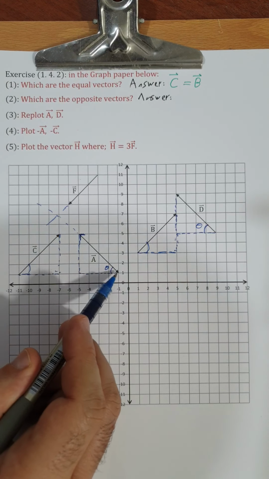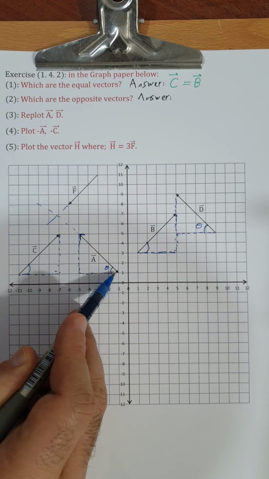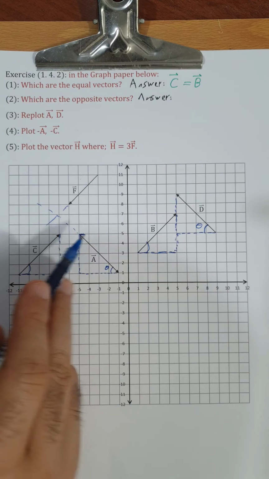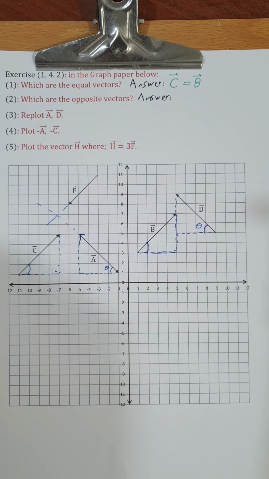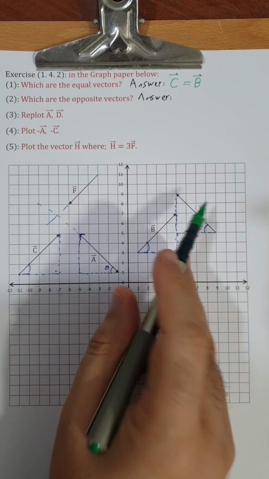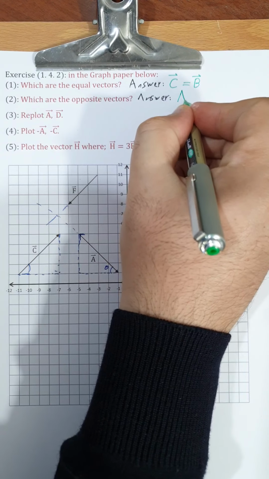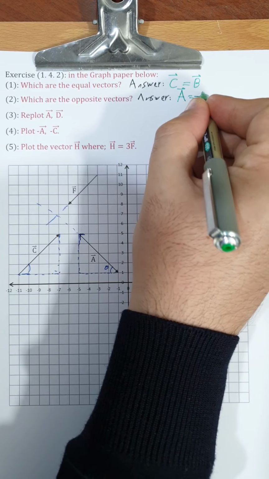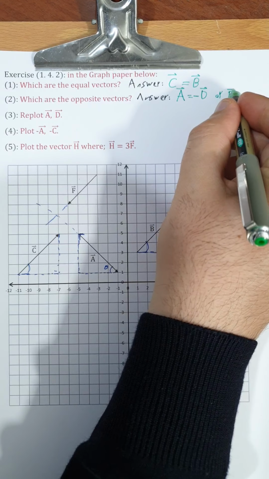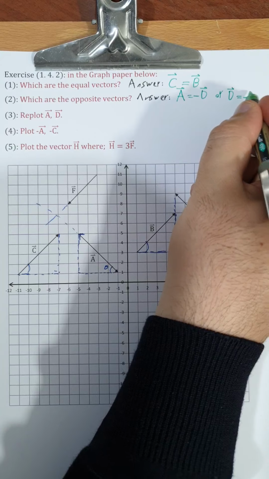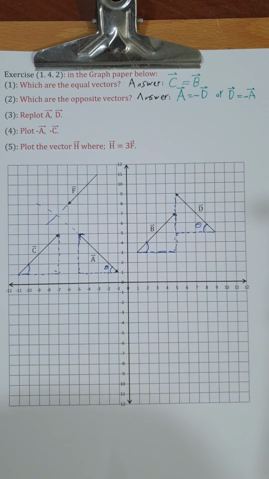So if you inverse the vector, the arrow of A will be the same as D, so A is the negative of D. So A equals the negative of D, or you can write D equals the negative of A. Both of them are right.